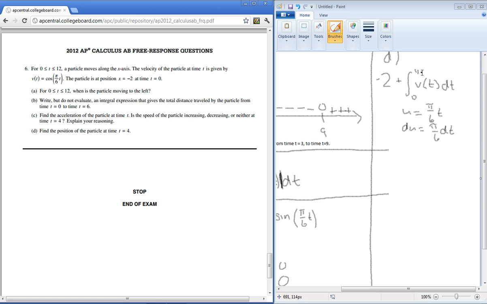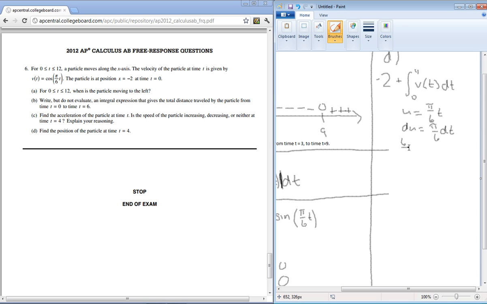So it's the integral from 0 to 4 of cosine pi over 6t dt. And if we plugged in u into this, we have the integral from 0 to 4 of cosine of u dt. And that's it. Because we don't have this thing anywhere to plug it in. So we have to make this only dt.